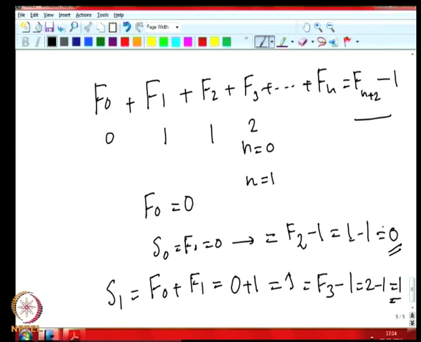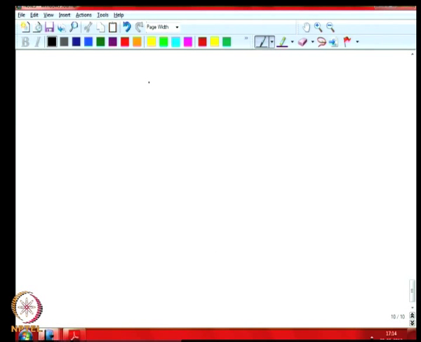So, we want to give the proof for the general case. What we do is induction on n, this is the proof technique we use here. We have verified the n equal to 0 case, n equal to 1 case, even the n equal to 2 case. So, we will assume that it is true up to n.